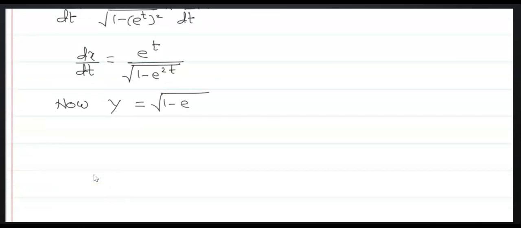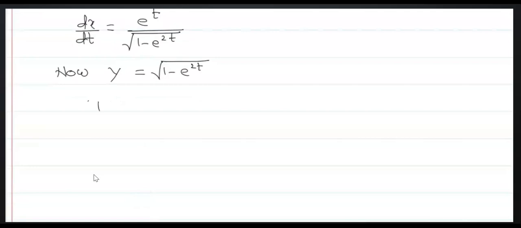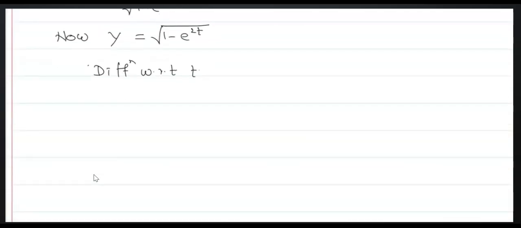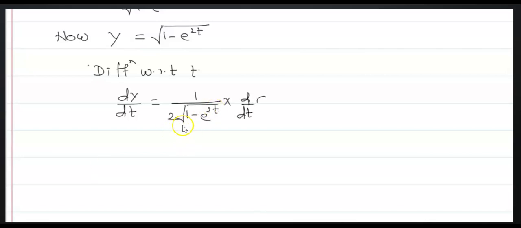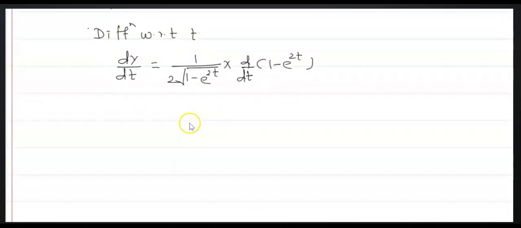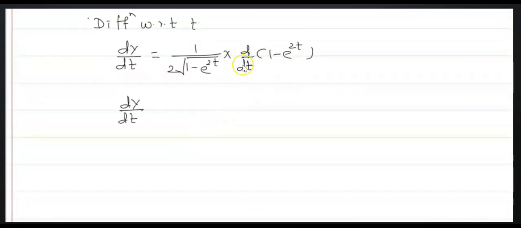y is equal to root of 1 minus e raised to 2t. Now differentiate this with respect to t. That is dy by dt is equal to 1 upon 2 times root of 1 minus e raised to 2t into derivative of 1 minus e raised to 2t.